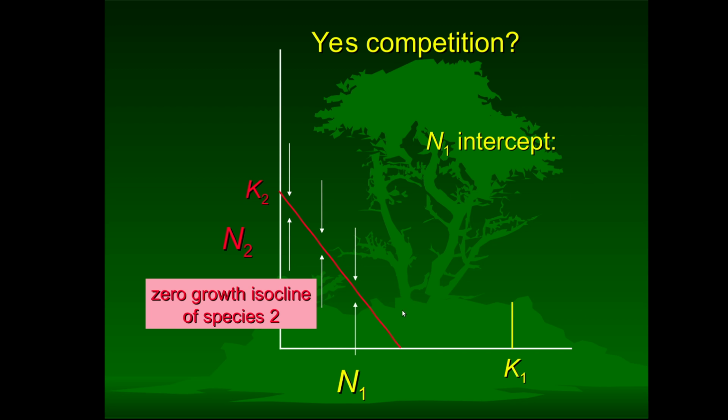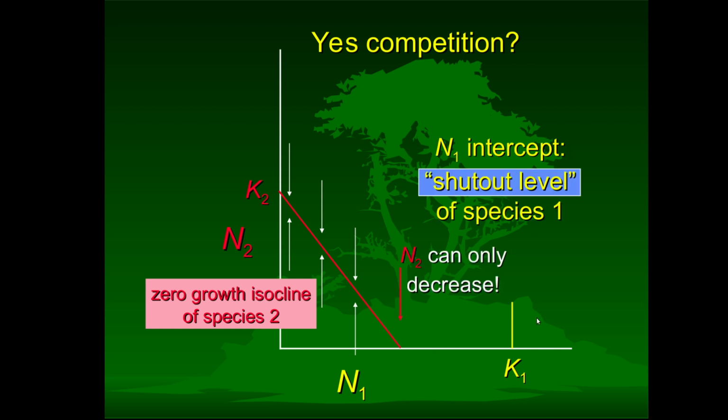This intercept on the N1 axis, in other words, the value of N1 where species 2 can no longer increase, I call the shutout level of species 1. The shutout level is the level where, if species 1 increased to this level, then it has shut out species 2. Shut out means exclude or eliminate in English.